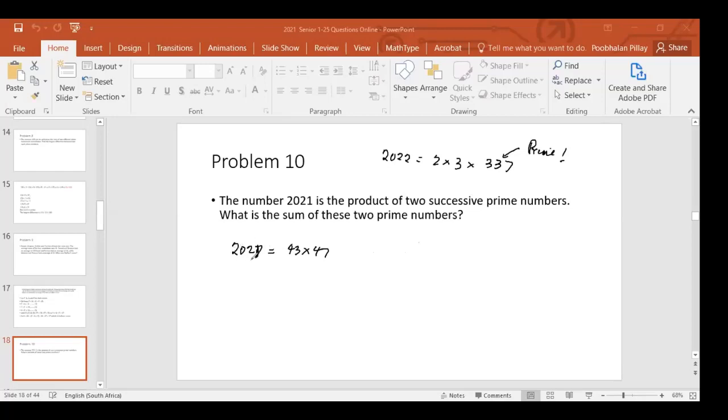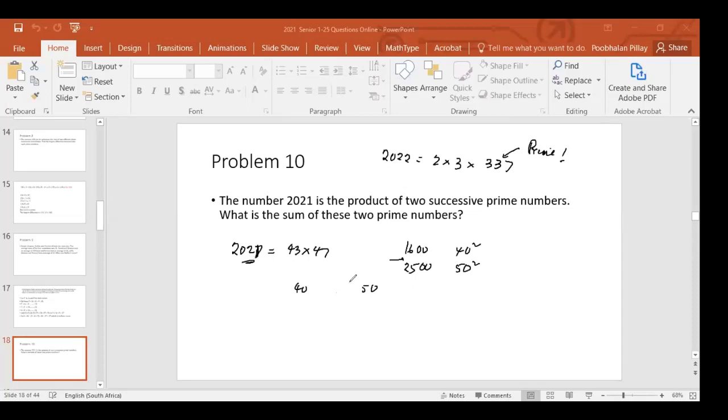If you approximate the square root, 1600 is 40 squared, and the next square is 2500, that's 50 squared. So you are looking at 2 numbers, because this 2021 is in between, so you're looking at 2 numbers between 40 and 50, 2 prime numbers which when multiplied give you this.